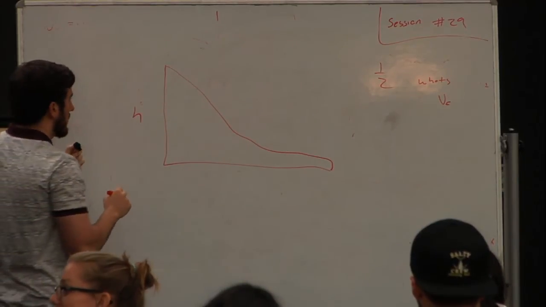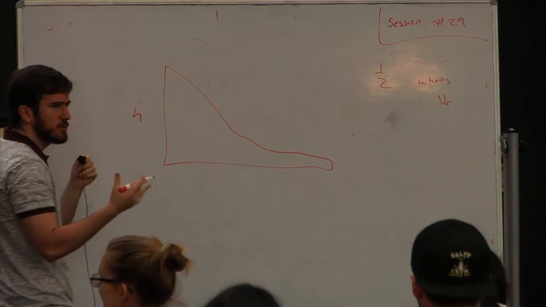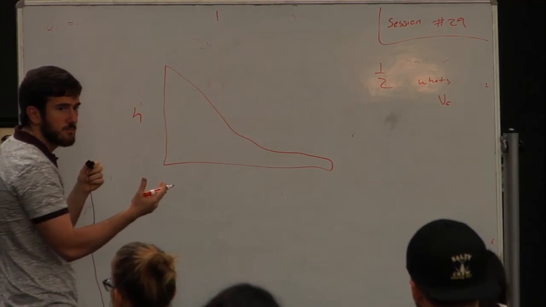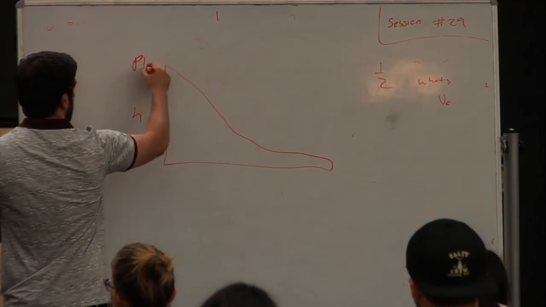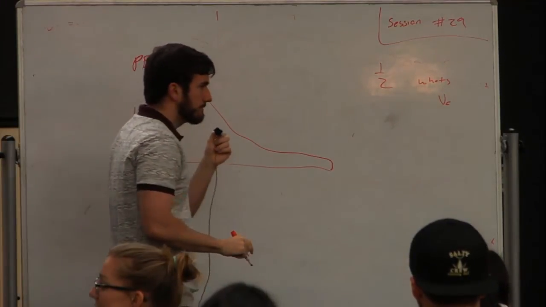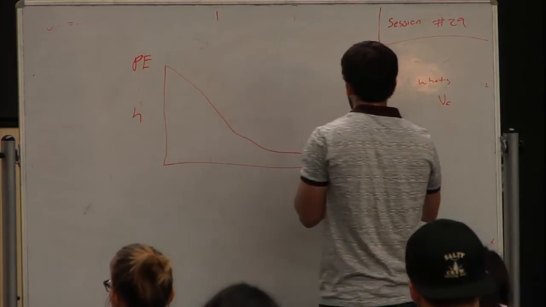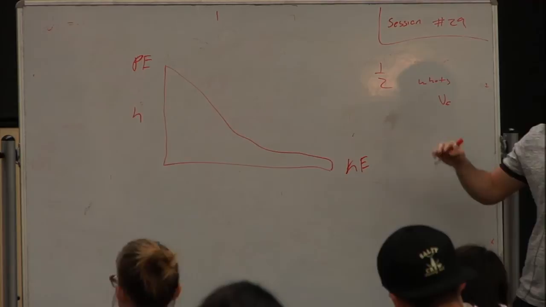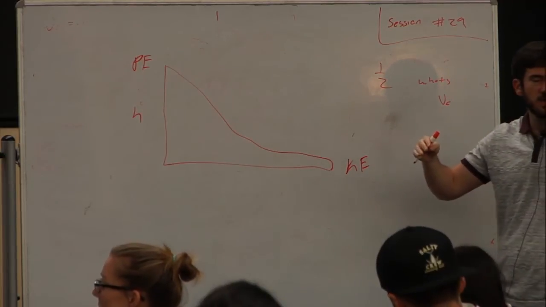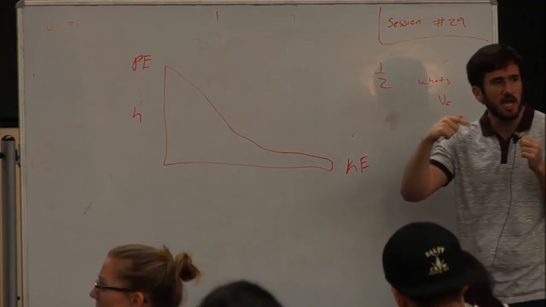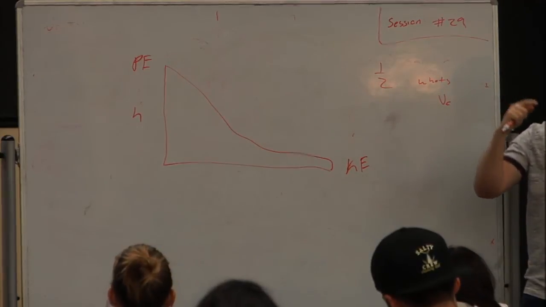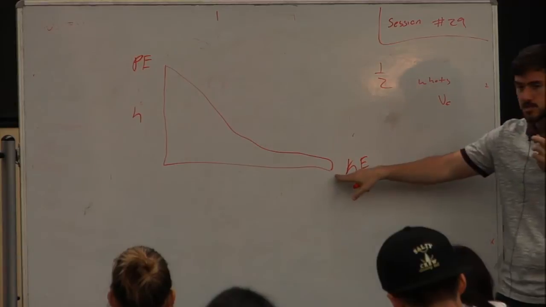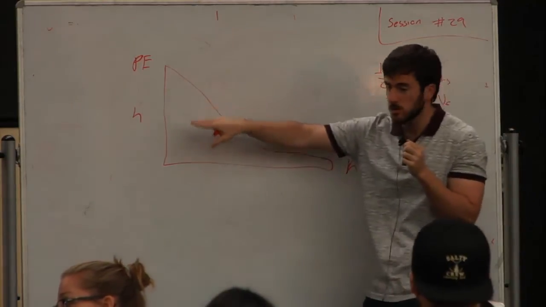There could potentially be some potential energy down here, but in terms of this problem, there will be none, because potential energy is measured in height, in relation to the core of the Earth. We would use the radius of the Earth plus this height, but that would give us ridiculous numbers, so we don't care about that. We only care about the difference in potential energy, so the difference in height. That's why, whenever you have a physics problem, you always make ground zero the lowest point in your problem, and then you go off of that.